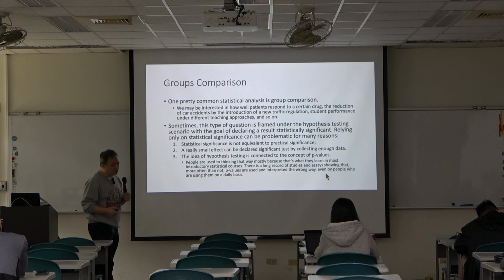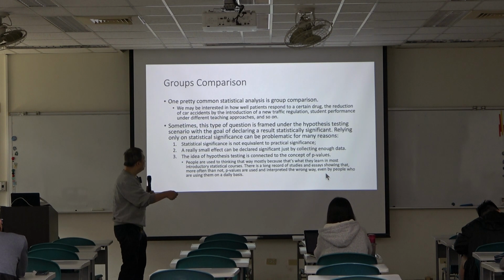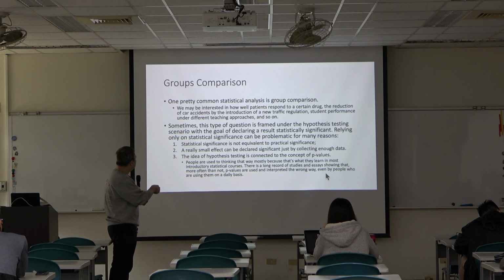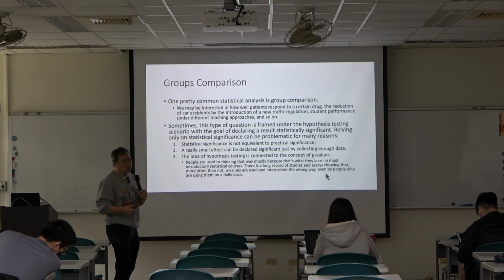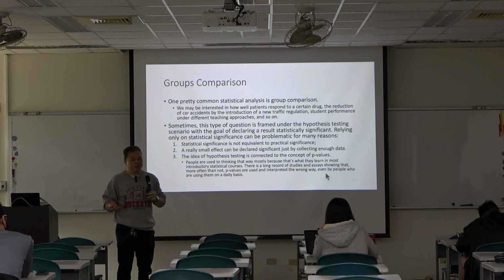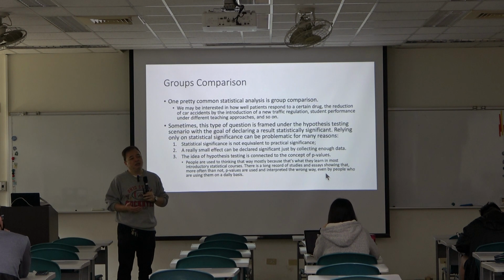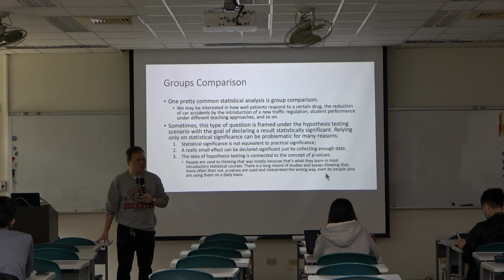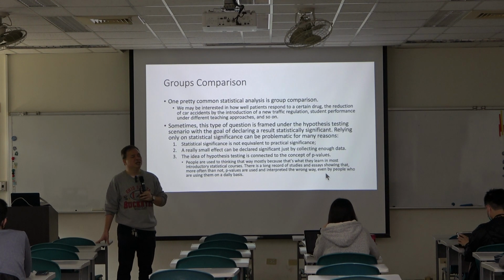With this traffic regulation, we want to see the reduction of car accidents, if there are fewer pedestrians hit by vehicles on the street. We want to observe if this is the case. Again, we have two groups.